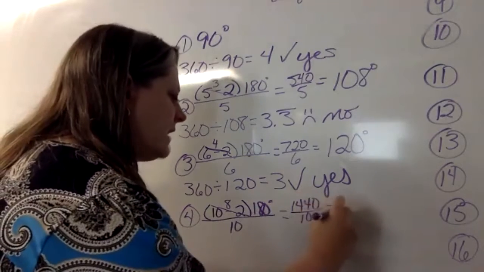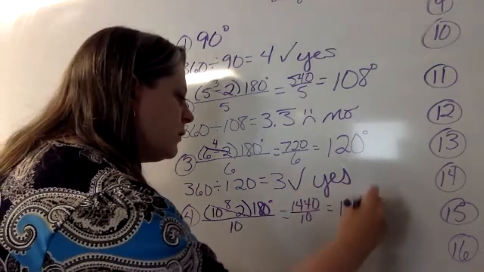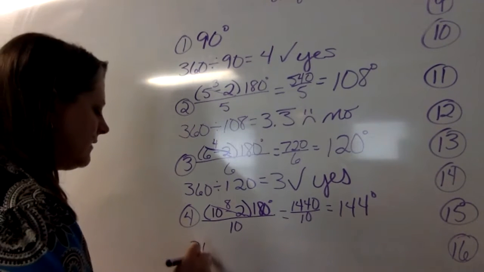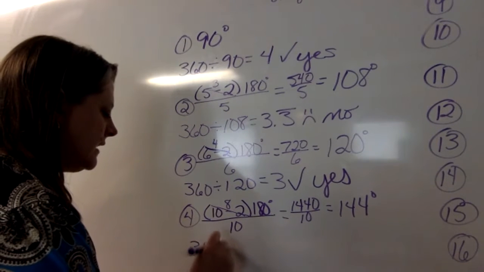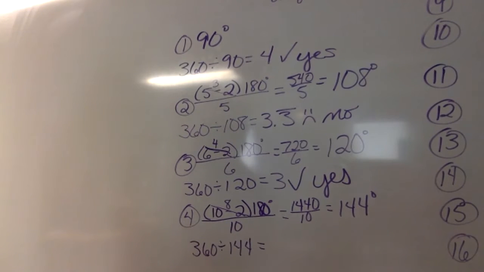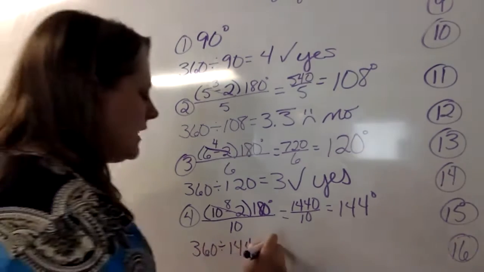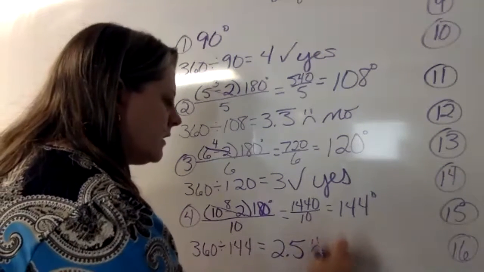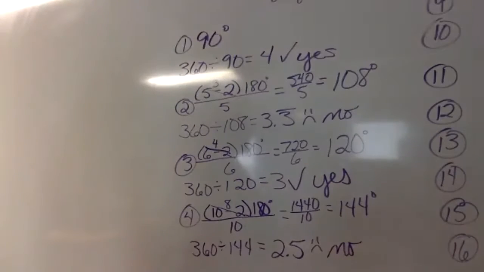And I divide that by 10, so that would be 144 degrees for each angle. Now, we see if that divides evenly into 360, which looking at it, hopefully you should know that it's not going to, but I get 2.5. So, does it work? No.